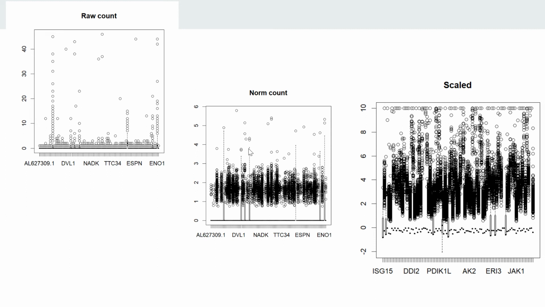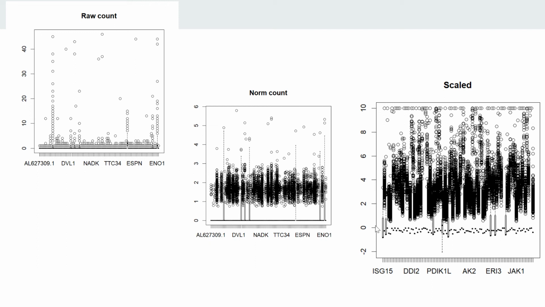But after scaling, now you see the data is scaled and we have 0. So for all these genes, the mean expression is 0, and you will have negative to positive values. That means in some cells that gene's expression is less than the mean, and in some cells that gene's expression is higher than the mean.